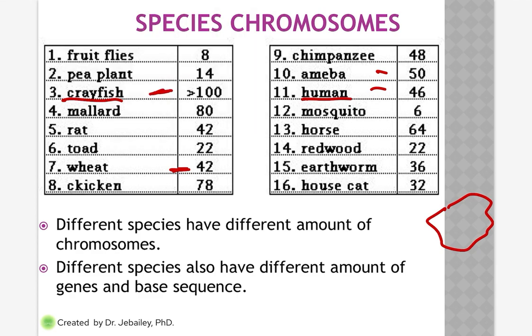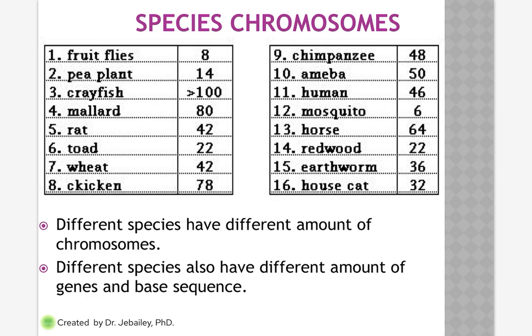It's important to know that the number of chromosomes will tell you which species it is, but having more chromosomes doesn't mean you're bigger or more complex. That's not true. A bigger number of chromosomes only tells you which species you are, and does not make you more complex or bigger.